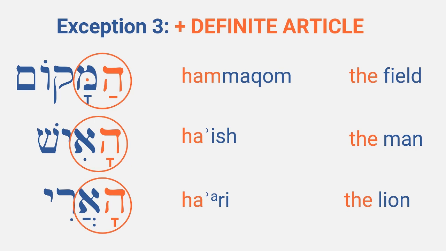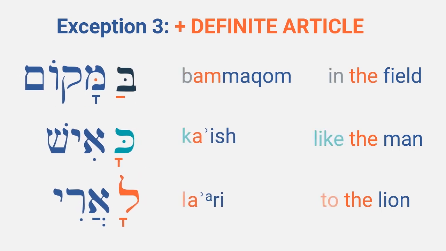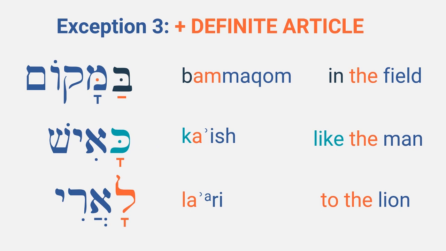Once the definite article is safely installed, we put a preposition in front of it. We strip away the shewa and gently slide a preposition consonant over the definite hey. And there you go. So that is how you get bamakom, in the field, ka'ish, like the man, and la'ari, to the lion.